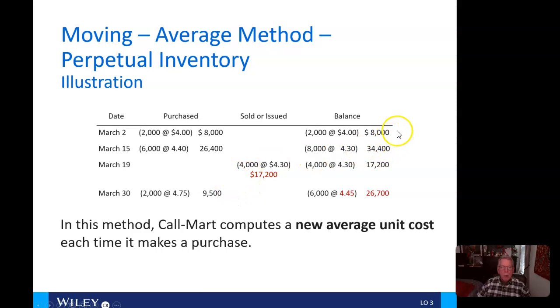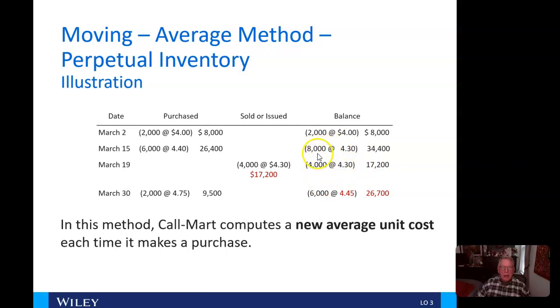So we go back and we add these two together, 34,000 plus 8,000, that'll be 42,400, and divide that through by the number of units that we purchased here. So in this case, it would be 10,000.